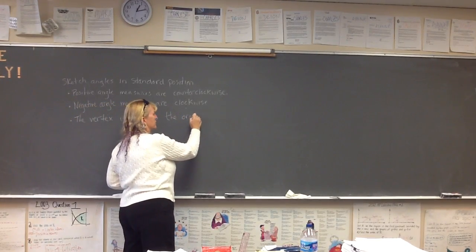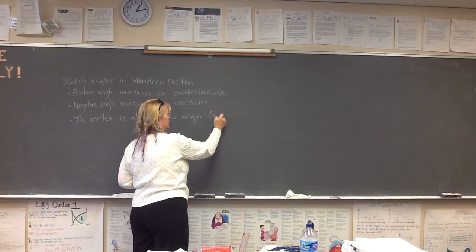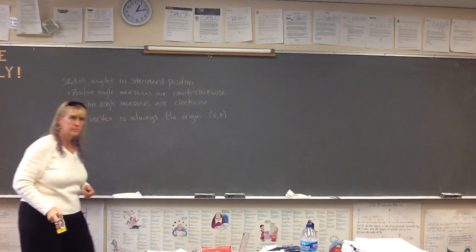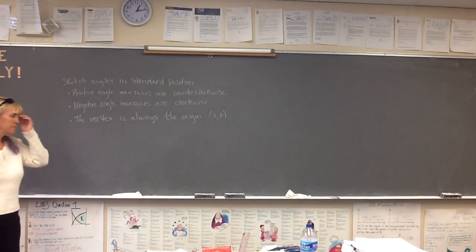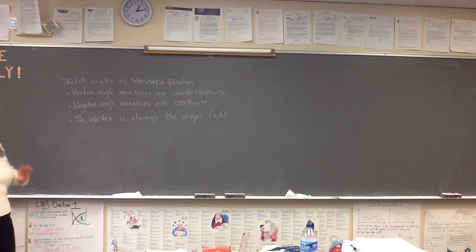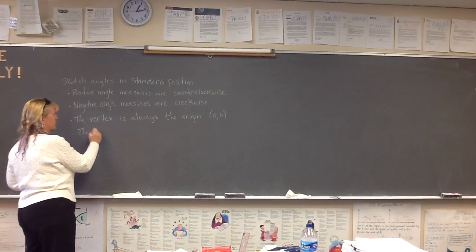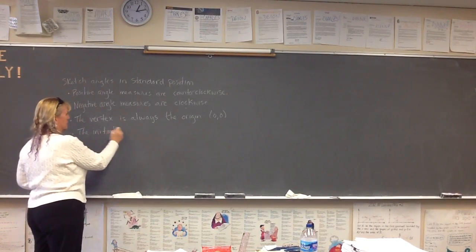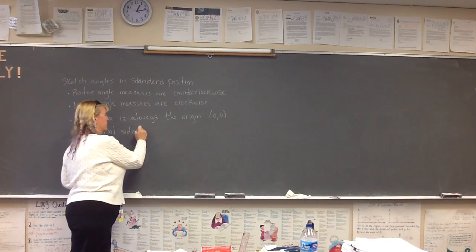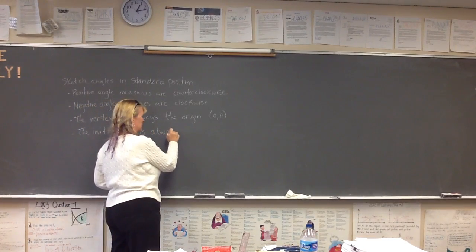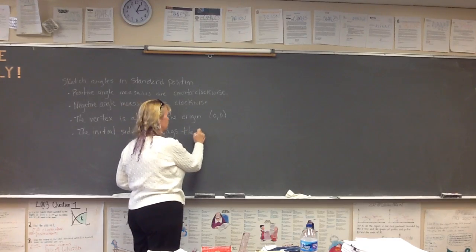What do I mean when I say origin? Center point. 0, 0, because we're going to graph them, okay? The vertex is always the origin, 0, 0. And the initial side is always the positive x-axis.